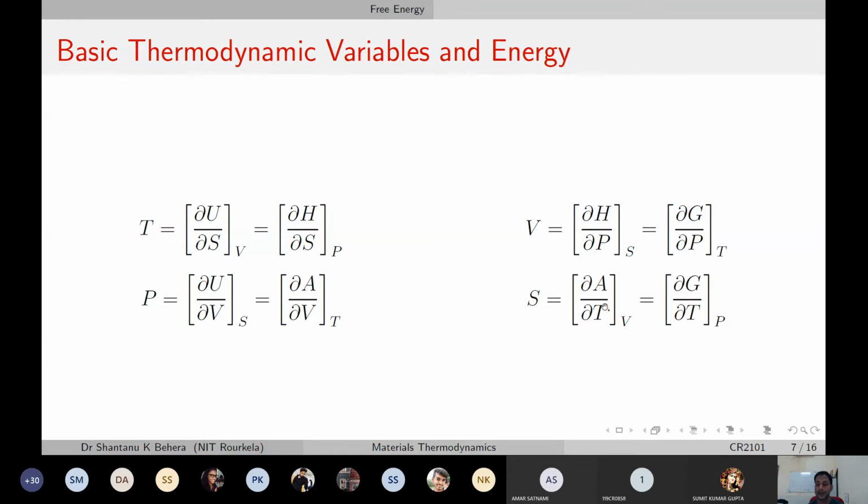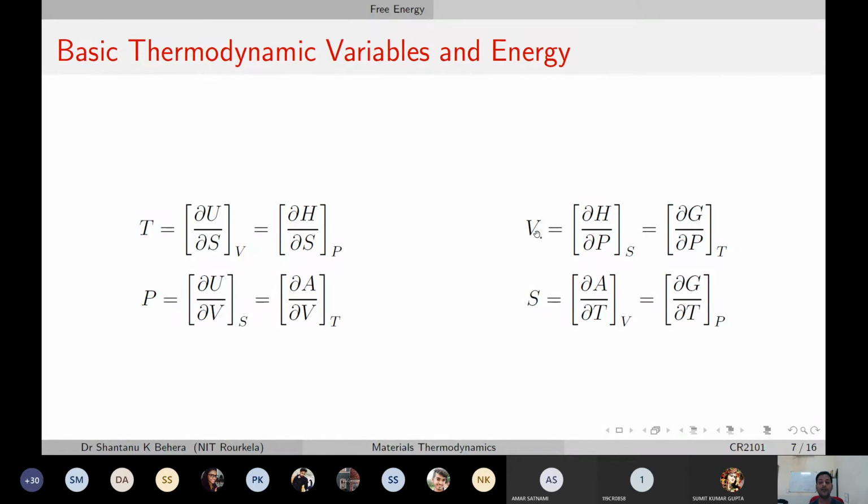So you see that the change in Helmholtz free energy is always associated with a constant volume process, while the change in Gibbs free energy is related to a constant pressure process. So the change in Gibbs free energy over the change in temperature at constant pressure is equal to entropy. Likewise, you can define volume.